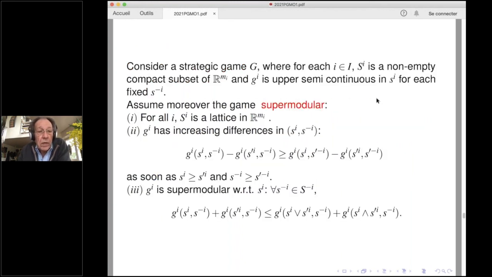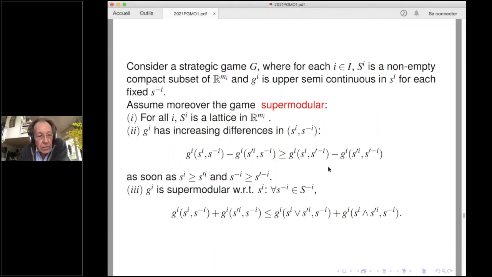Now consider a strategic game where for each player you have a non-empty compact subset of R^m, and G_i is upper semi-continuous, and the game is supermodular, meaning that every S_i is a lattice. G_i has increasing differences. It means that if the strategy of the opponent is fixed, then when you move your strategy, it's better for you if the opponent's strategy is greater.